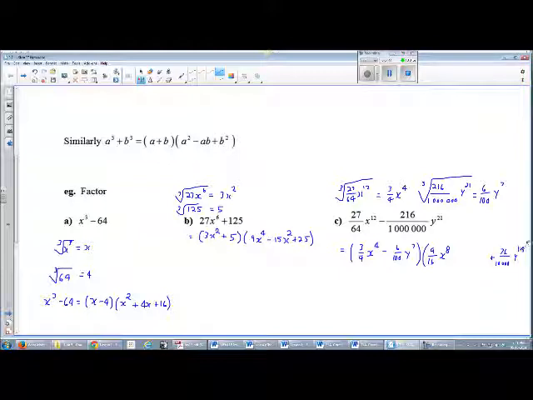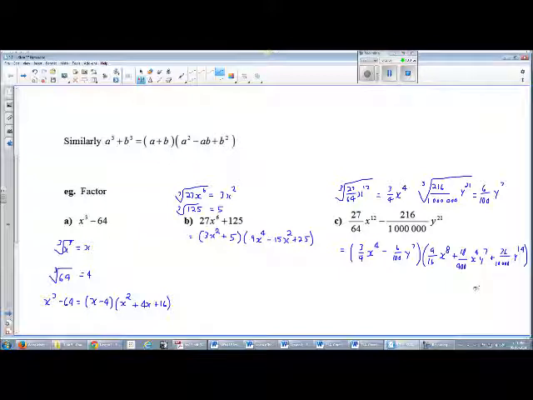And then we've got a minus here, so it'll be plus. And then we multiply these two together, so we've got 3 times 6, which is 18 over 400, x to the power 4, y to the power 7.